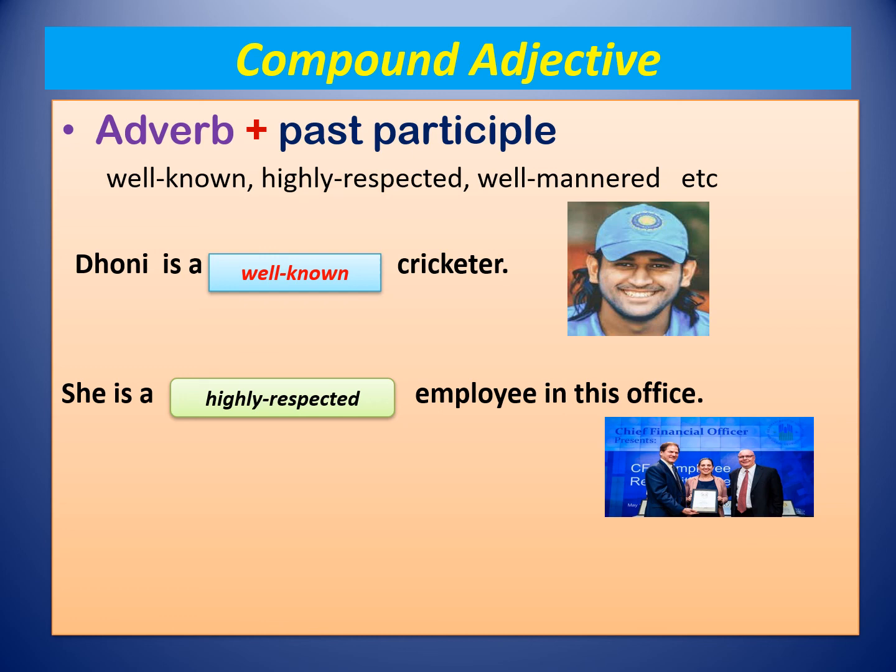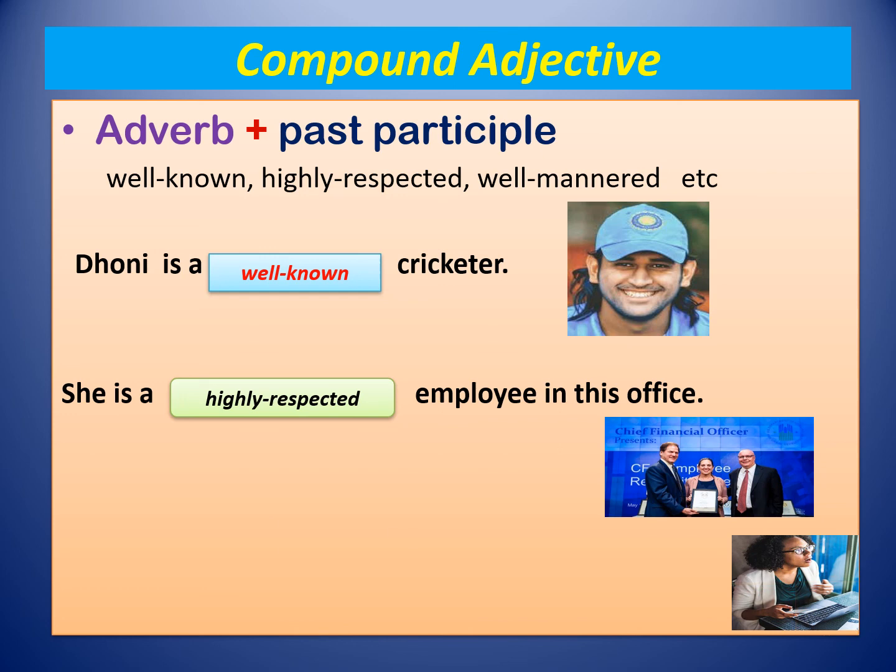She is a highly respected employee in this office. So in this sentence, highly respected is a compound adjective that is formed with highly an adverb and respected a past participle. So this compound adjective is modifying the noun employee.